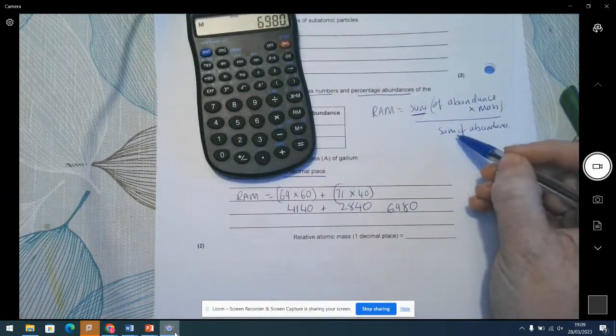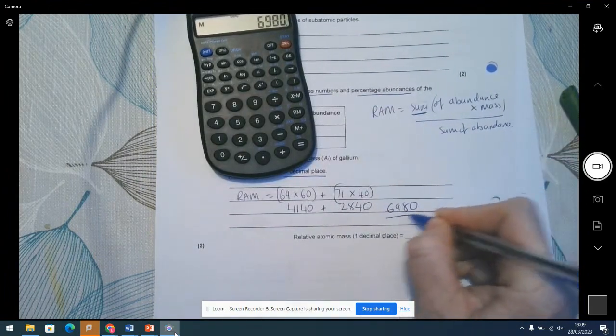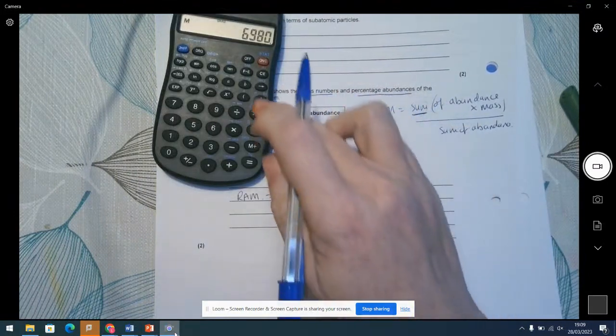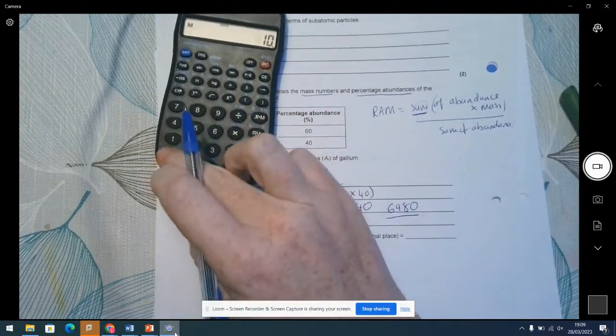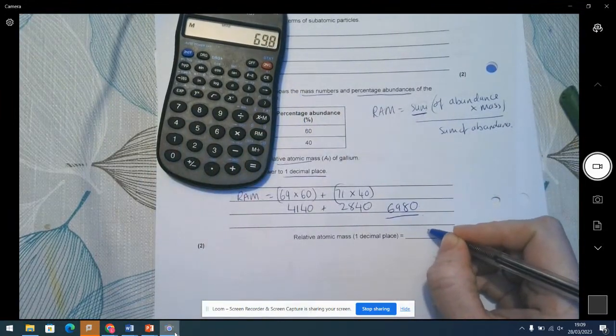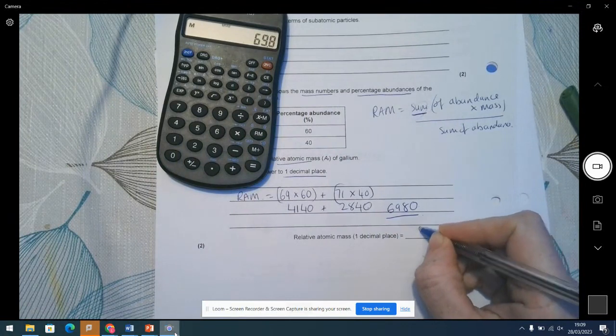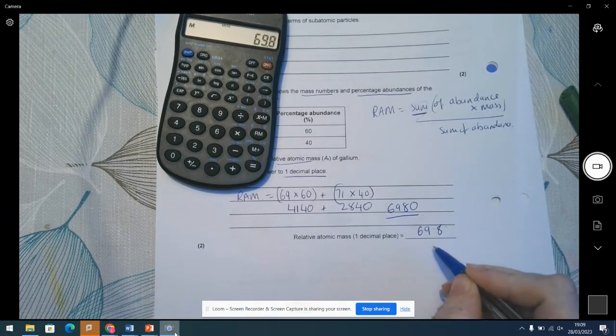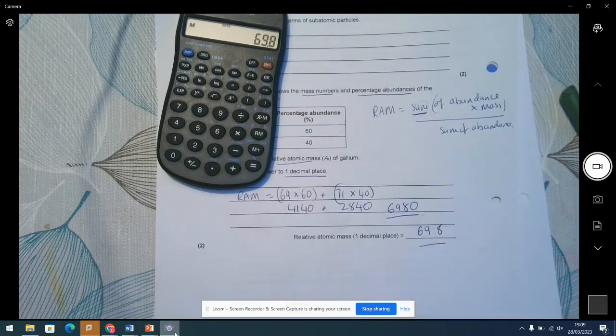And we know that we then divide it by the sum of the abundance. So in this case, it's those 2 numbers added together, which would be 100. And that gives me a relative atomic mass of 69.8, and that is to 1 decimal place.